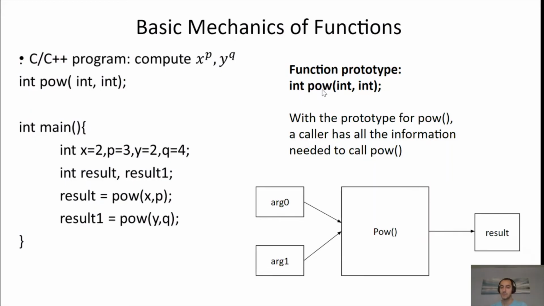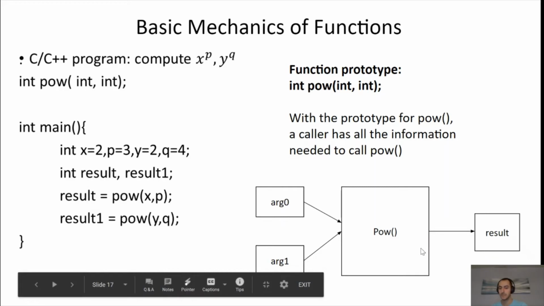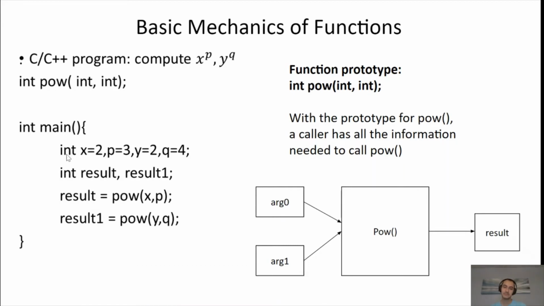Maybe it's raising one number to the power of another, and it's going to calculate the result and return that integer as a result. Here you can see that this is being used. For example, you have a series of numbers, and you have some variable for your results. And this is how you call it without actually looking at the implementation of this function.